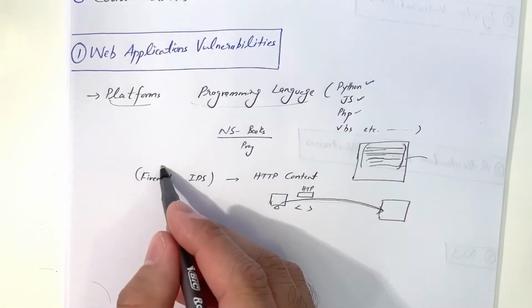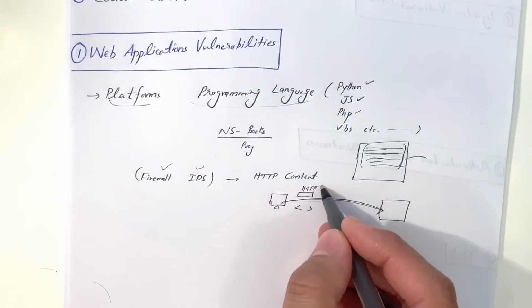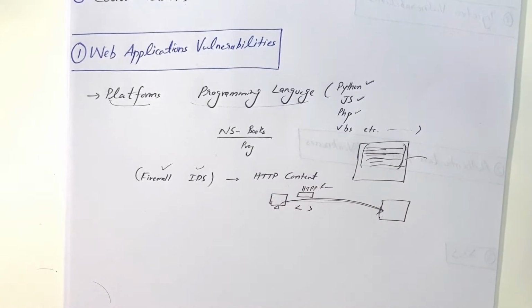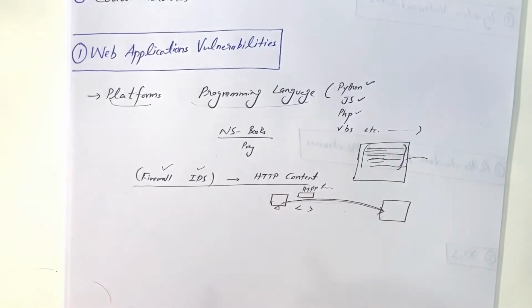Why? Because for firewall and IDS, their main concern is the TCP packet. They will see the TCP packet, how the packet looks, whether there's malicious content and stuff like that. But what about the HTTP requests? What about the handshaking and all that? So these network security devices completely ignore the HTTP traffic.